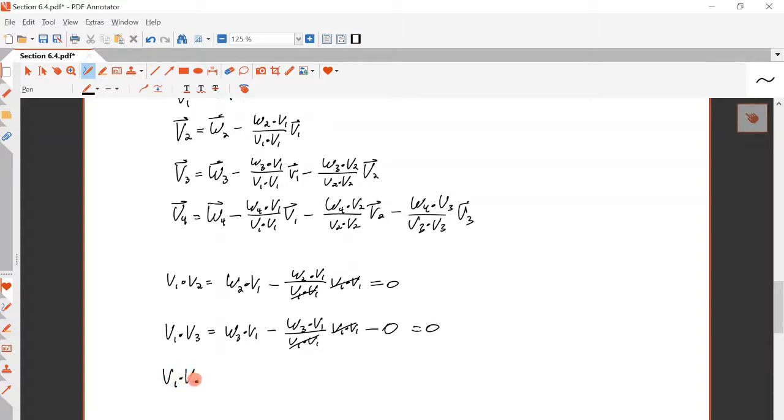V1 dot V4. So it's V1 dot W4 minus W4 dot V1 over V1 dot V1 times V1 dot V1.